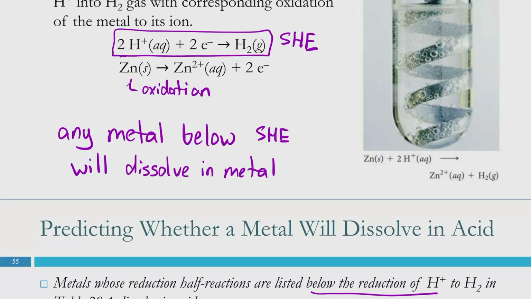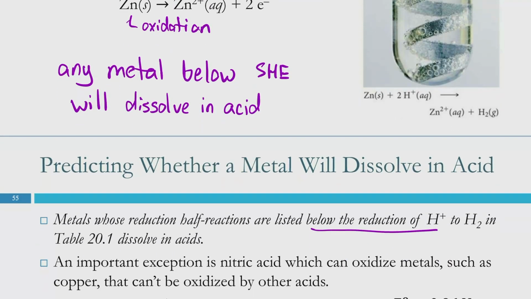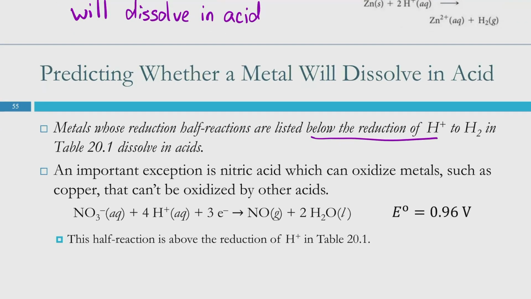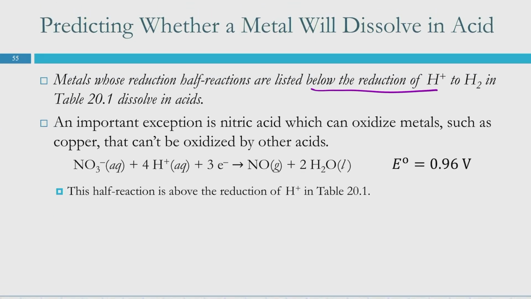In acid, sorry. Will dissolve in acid, not dissolve in metal. Might also dissolve in metal, but there's one important exception. So we've got one special acid that we'll talk about.